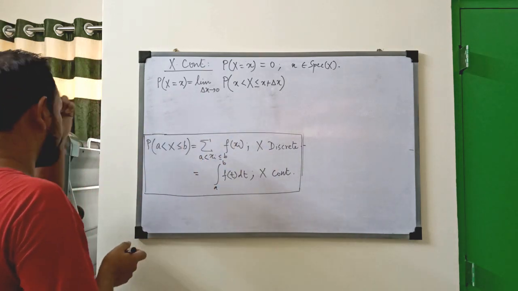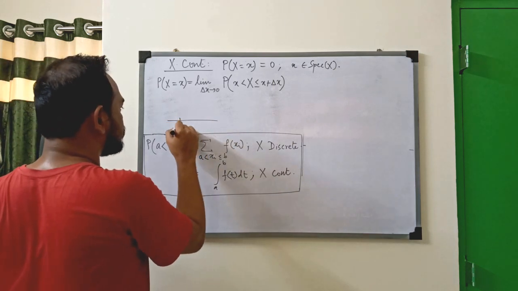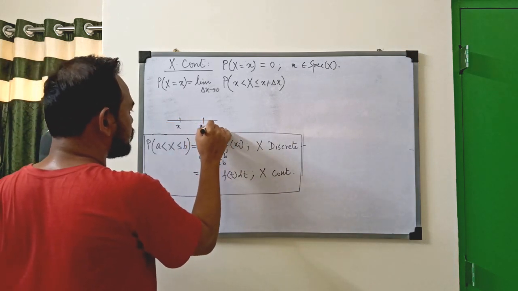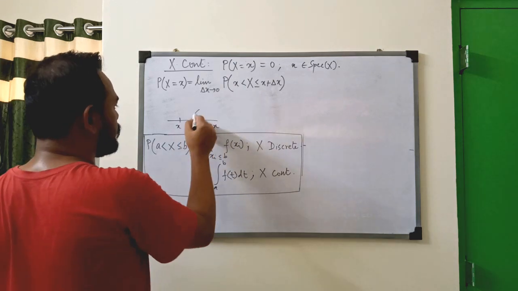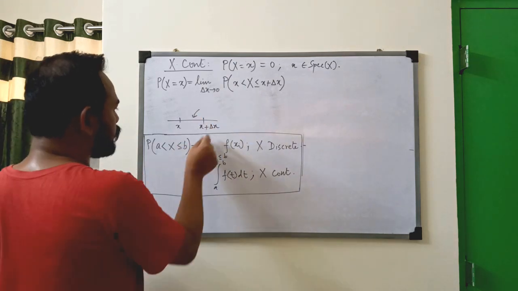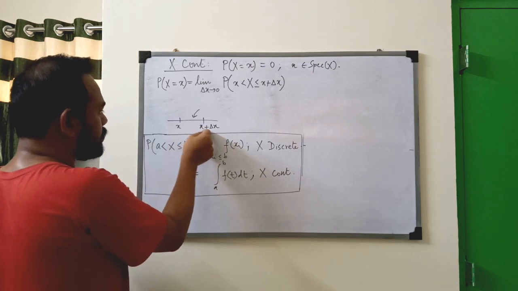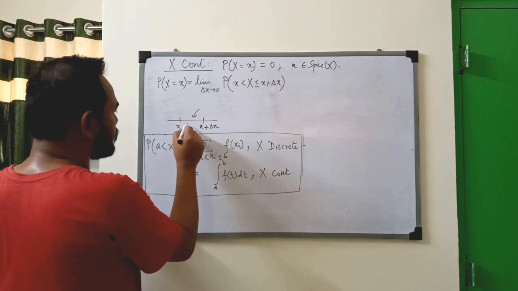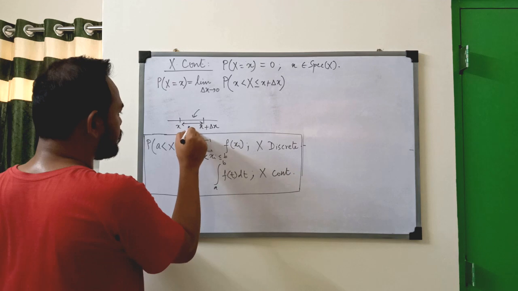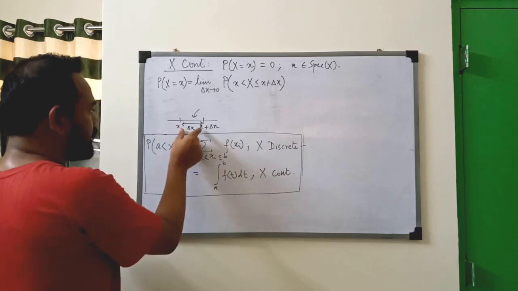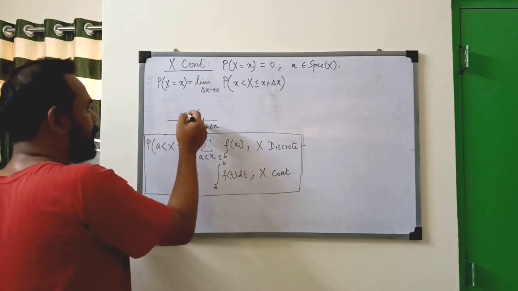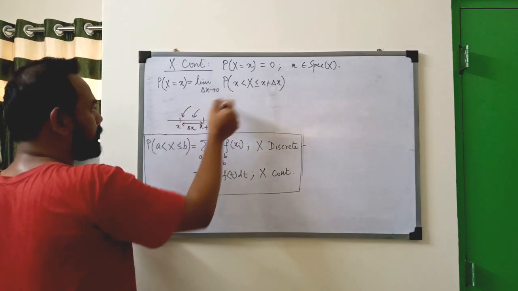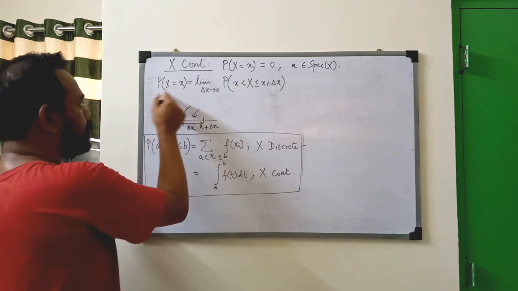So here it is, this is x plus delta x. I'm looking for the probability that capital X would take a value here. The smaller I make this delta x, the more towards x I reach, and I'm basically pushing the value of capital X more towards x, and finally we have this.